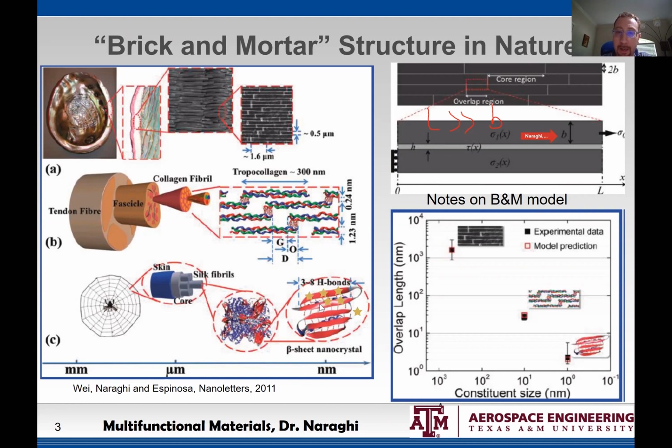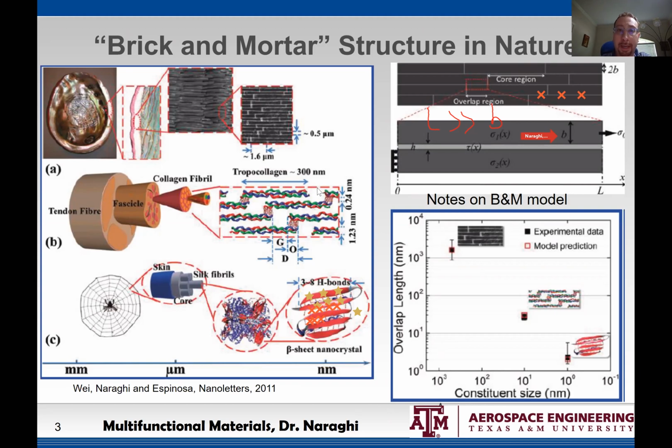These are stiff components, and the load is transferred between them by this mortar, which I'm showing with the star. Now, this mortar in this case is nothing, it's just hydrogen bonds, but it's a mechanism for shear load transfer. So that's exactly what we have here and here and here.